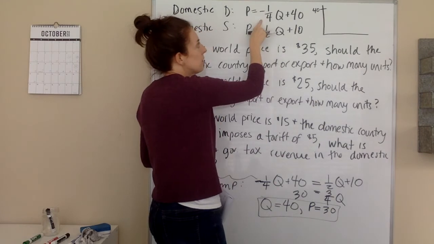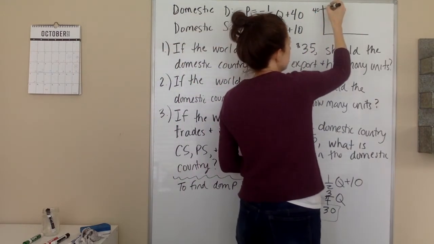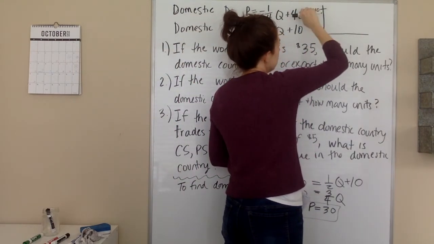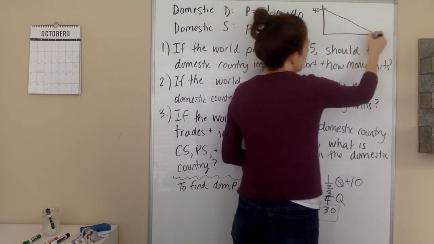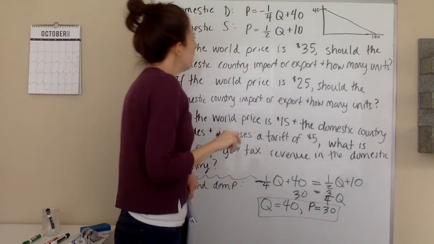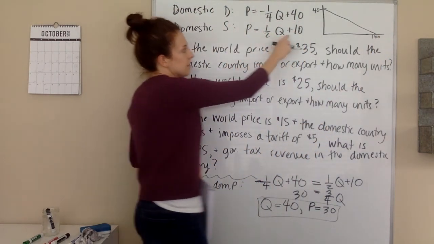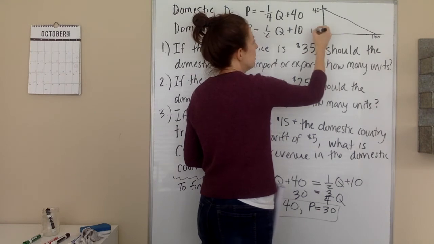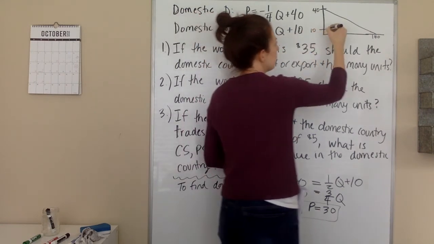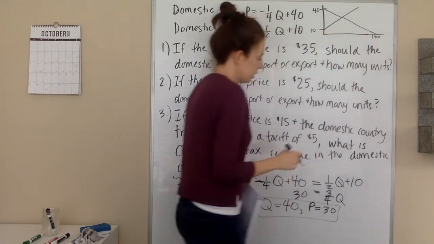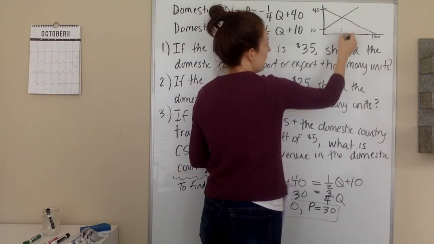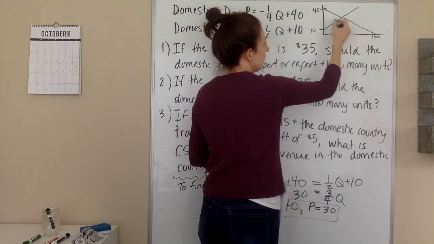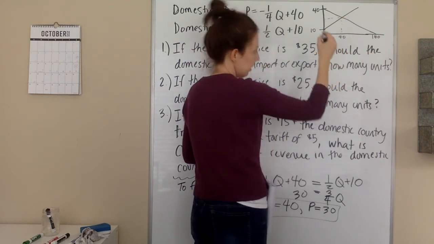And if the slope is negative 1/4, that means you're going to go down 1/4, down 1/4, and you're going to hit this axis at 160. The domestic supply has an intercept at 10. It has a slope of 1/2. And we just calculated the equilibrium. So the equilibrium quantity is 40, and the price is 30.